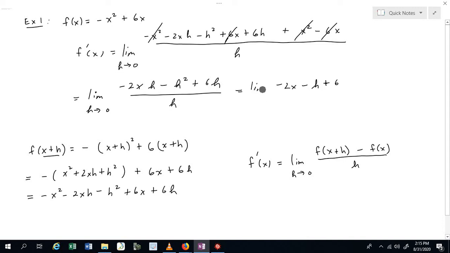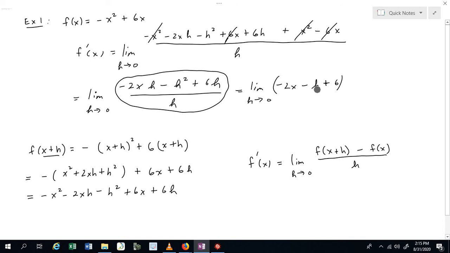Okay, and we want to find the limit of this as h goes to 0. By the way, I should have mentioned this earlier. You can try direct substitution right now to evaluate this limit, but notice you'll get 0 over 0. So this form right here is indeterminate. But once I cancel this h out on the bottom, then it becomes determinable.